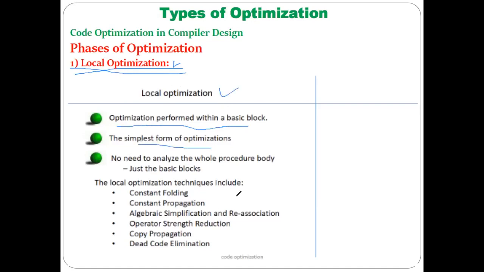It is a simple kind of optimization technique; there is no need to analyze the whole code or all the procedures or functions of your program. Generally, the techniques which come under local optimization are constant folding, constant propagation, algebraic simplification, operator strength reduction, copy propagation, dead code elimination, and lastly common subexpression elimination, which is also considered a local optimization technique.